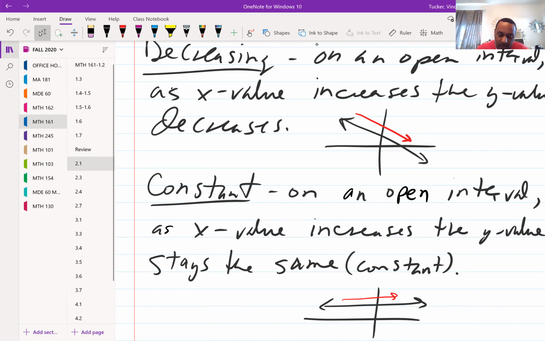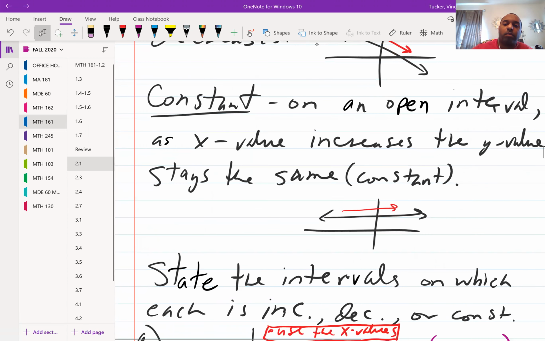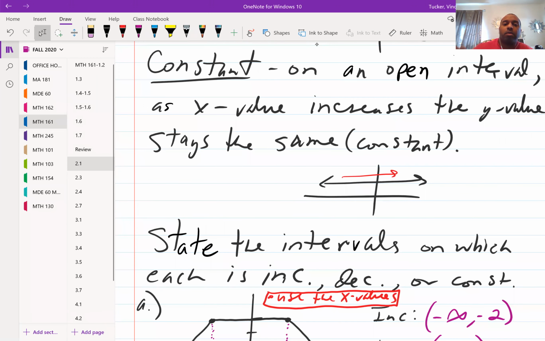So you have a constant interval. That's what that would be. All right, I'll give you a chance to finish writing constant before I go to the example.